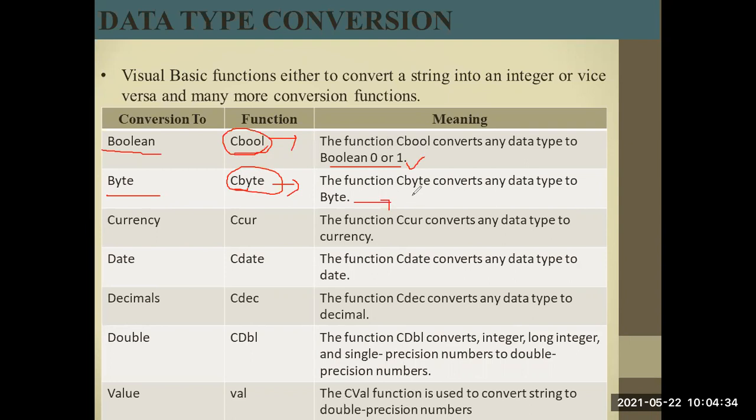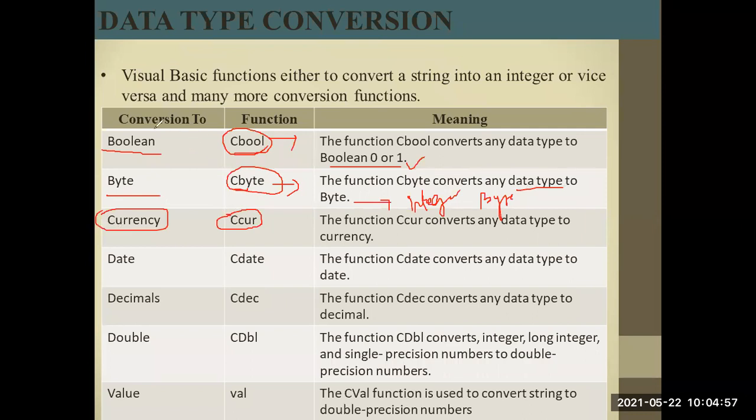Suppose I want to convert an integer data type to the byte type. I will use the function CBYTE to convert the integer or any data type to the byte type. Similarly, to convert to currency format, I will use the CCUR function.